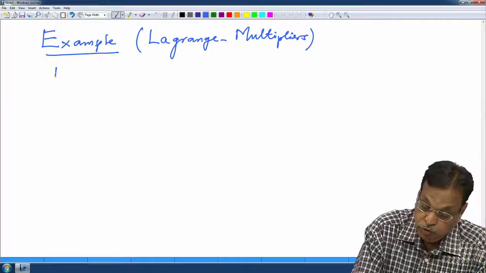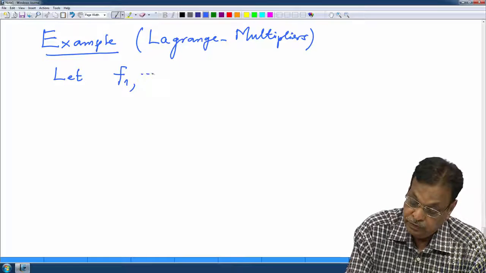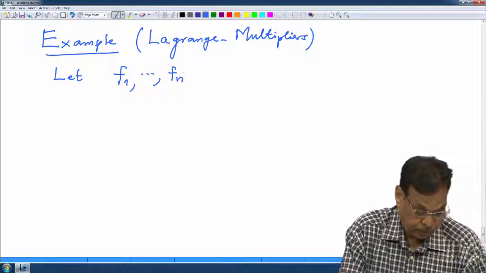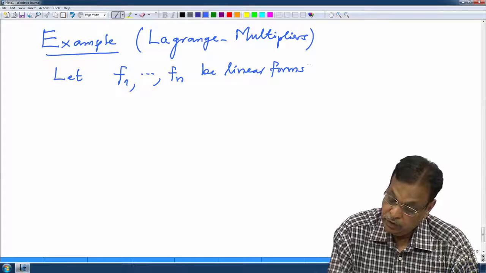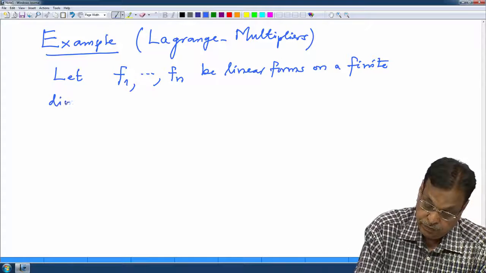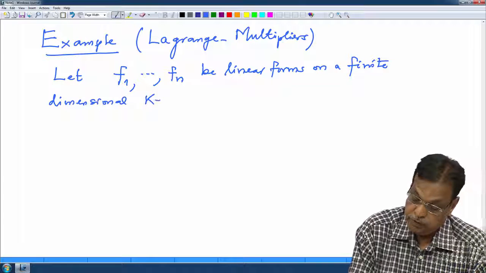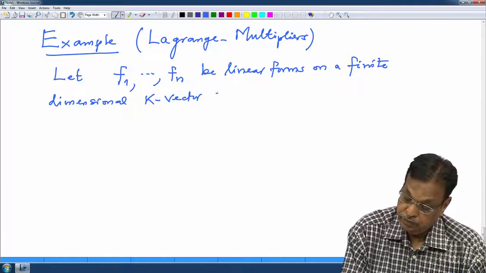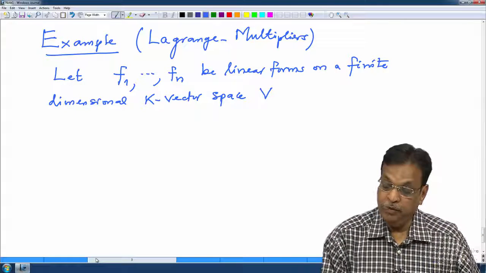Suppose you have n linear forms f1 to fn on a finite dimensional K vector space V. That is, they are elements of V star.